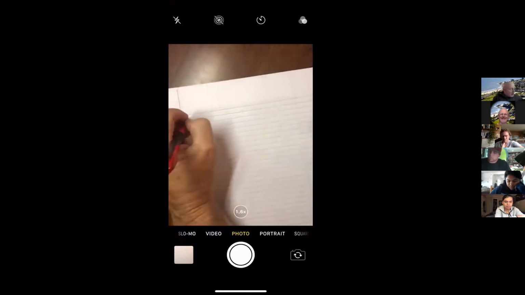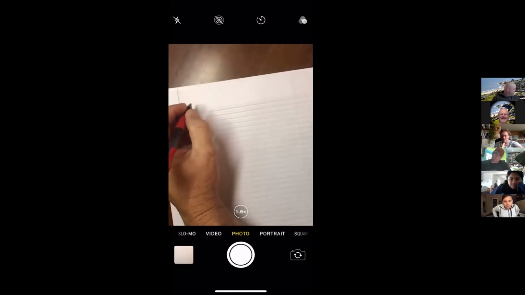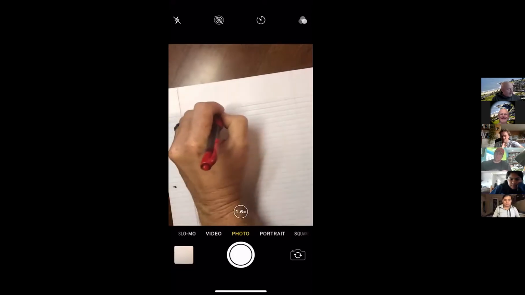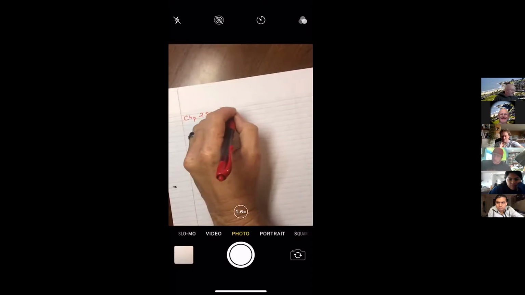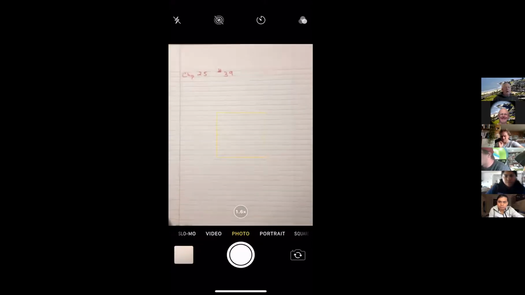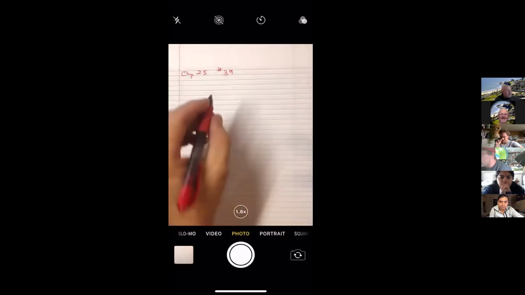So okay, chapter 25, number 39, and the problem says, as you are pointing out, a spherical conductor of radius 14.